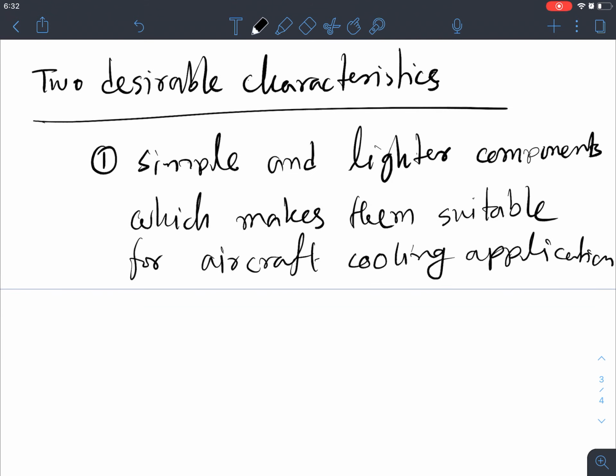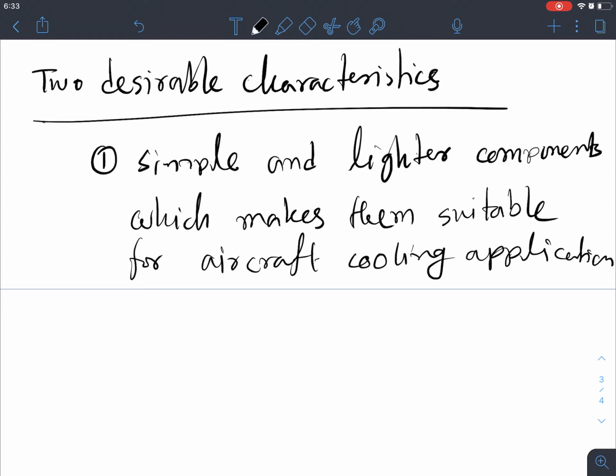In the previous class, we were talking about the aircraft cooling mechanism. You know how liquid nitrogen cools down the aircraft. So this reversed Brayton cycle, or gas refrigeration cycle, is mostly used for aircraft cooling applications.